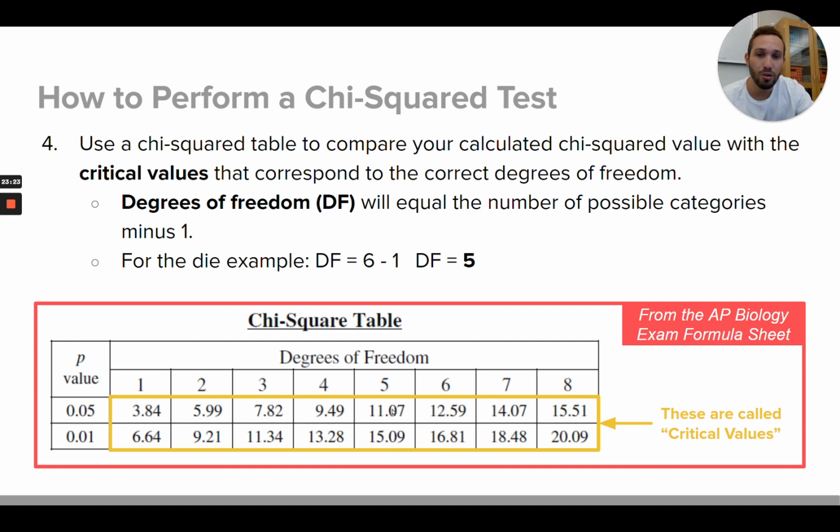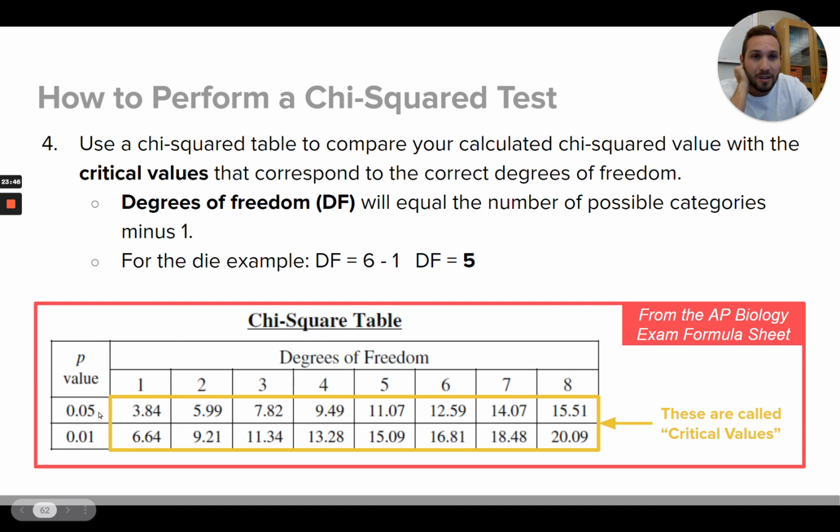Now, each of those 2 critical values correspond to different p-values. Usually the question will tell you what p-value to use. By default, you can just use a p-value of 0.05.